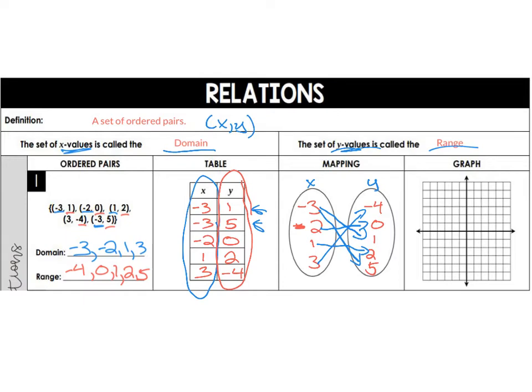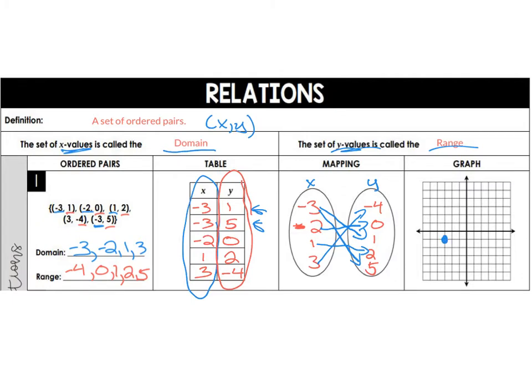So sometimes we'll get a lot of crisscrossing going on, but just remember, wherever those arrows are drawn, that's kind of telling us that, oh, we got -3, that also is paired with a 1 and 5, -2 is paired with 0. And of course, the last set here, just to kind of go through and graph, remember, these are your typical coordinate planes, and just kind of working through.